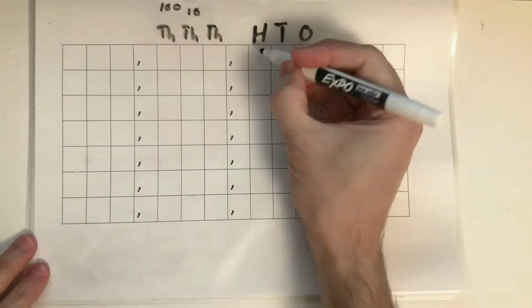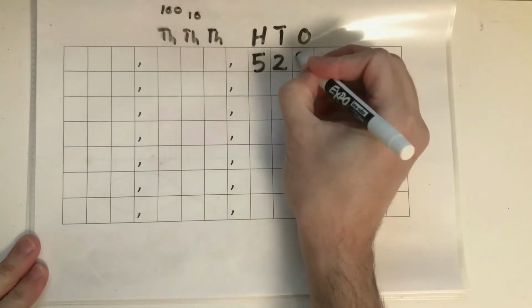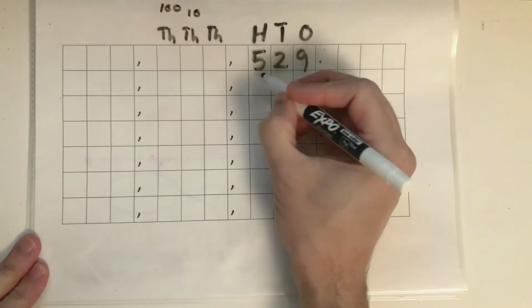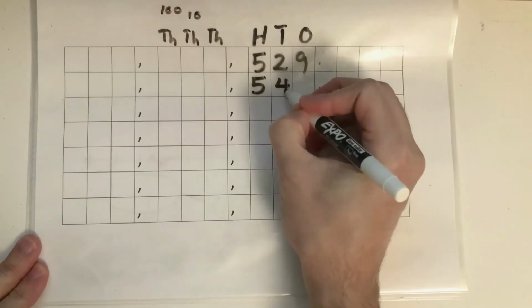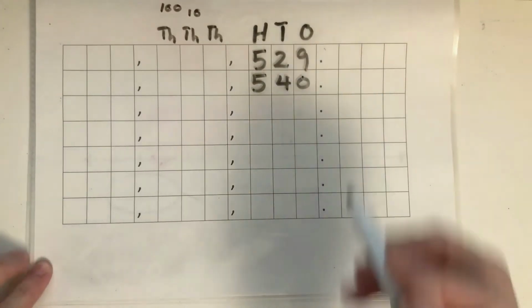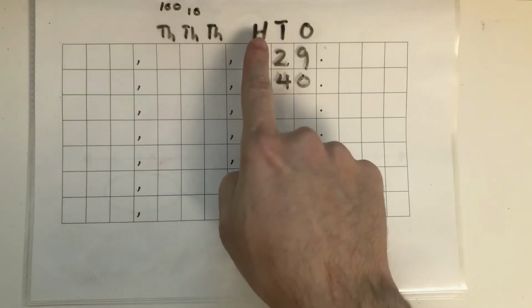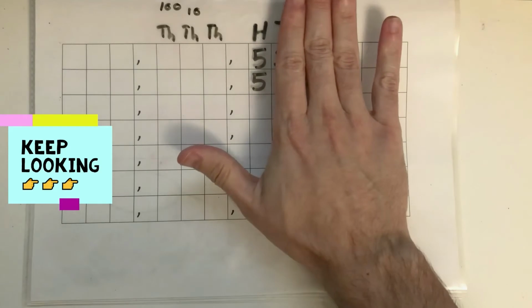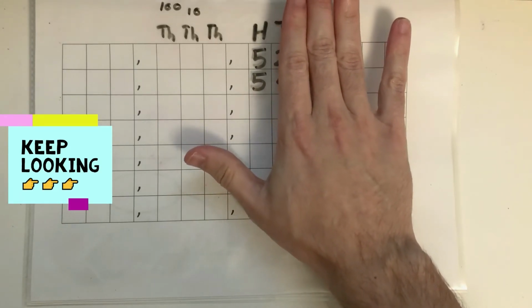Let's say that we have 529 and 540. We look at the largest place value, which in this case is the hundreds, but both have a 5 on the hundreds place value.